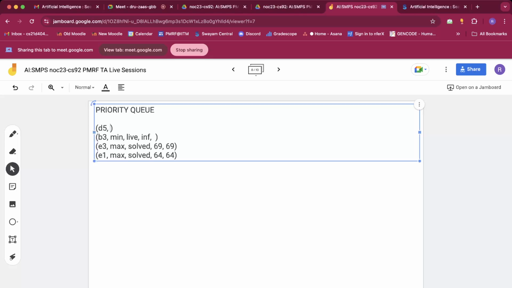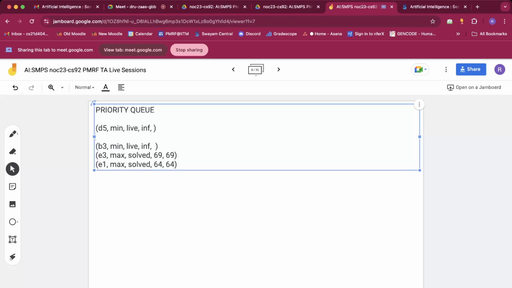So D5, which is a min node, it's live, and has a bound of infinity, and it's not been solved yet. Similarly, we have D6, again a min node, live, infinite bound, and not solved yet. Okay, so this is what our queue looks like at this point of time.